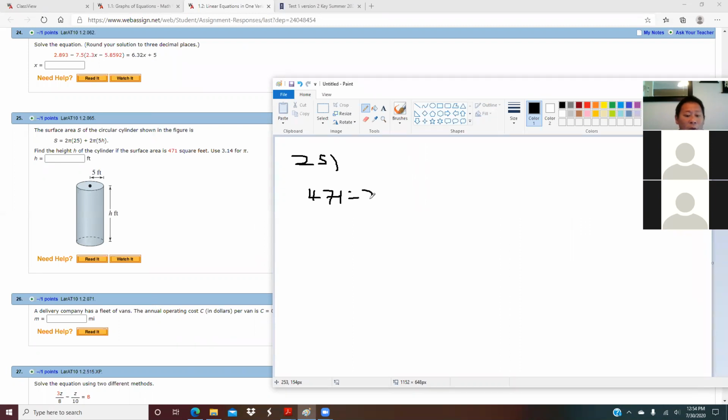And then 2 times pi. And the question says use 3.14 for pi. So you take 2 times 3.14, and then times 25. You need a calculator here for sure. Plus 2 times 3.14, which is pi again, and then times 5h. So you are trying to solve for h.